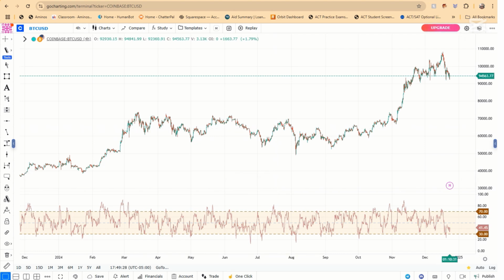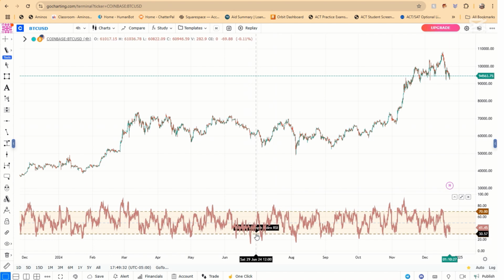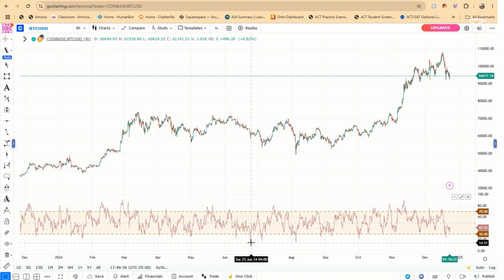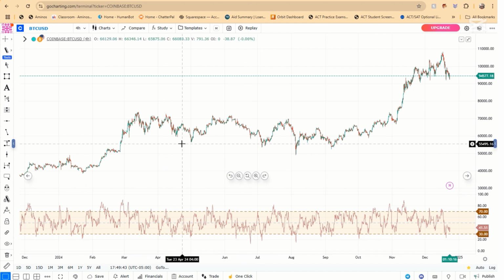And then oversold is below 30. 30 is that bottom dotted line there. Oversold means people are selling, maybe scared, something happened in the crypto charts, the crypto universe. So let's see how this works. If this is coming down, prices are dropping. This is also dropping right here, right?